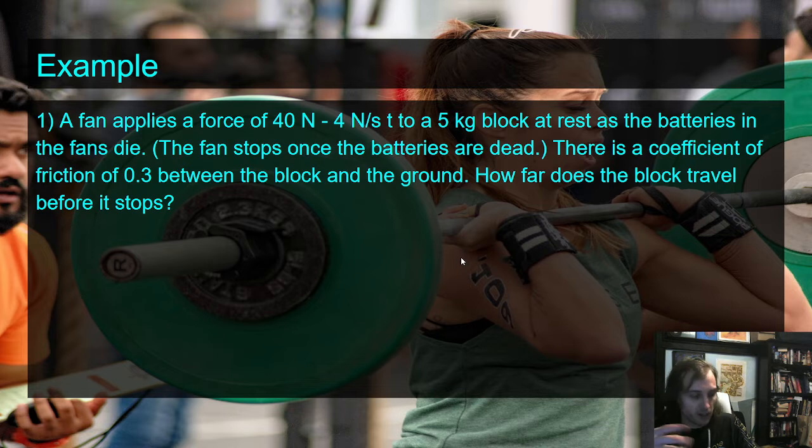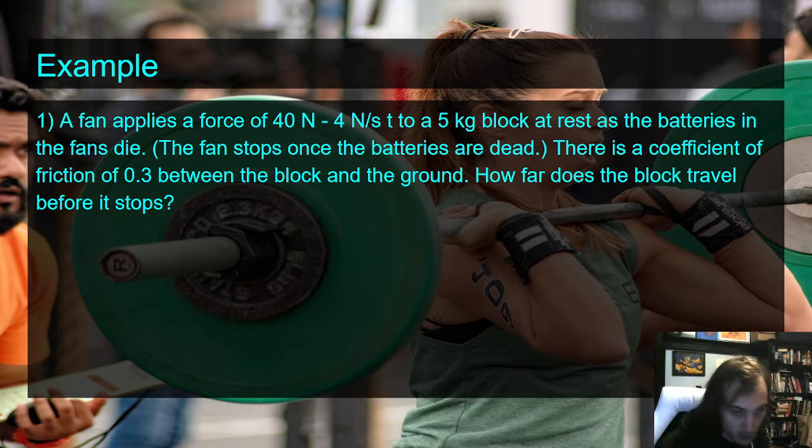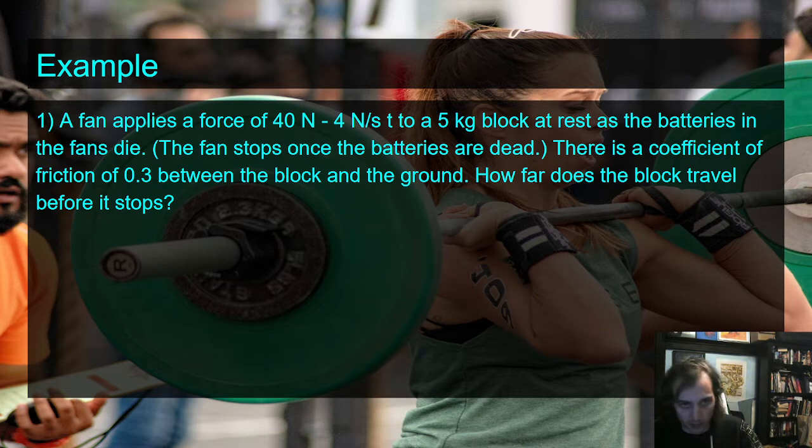So if we've got something like this, where a fan is applying 40 Newtons minus 4 Newtons per second times time worth of force to a block, and we have the mass of the block. It starts at rest, and the batteries are dying, which is why it's providing less force over time.